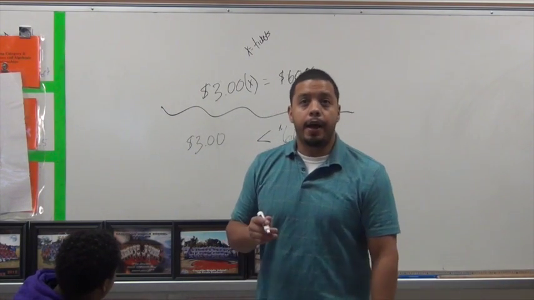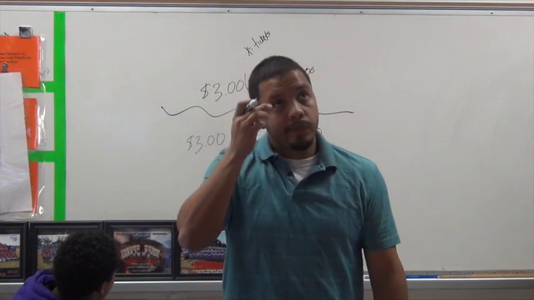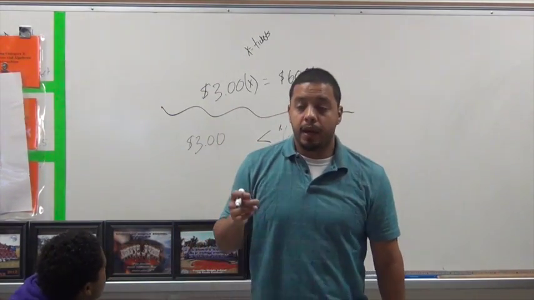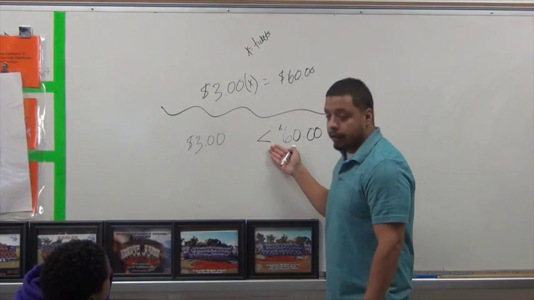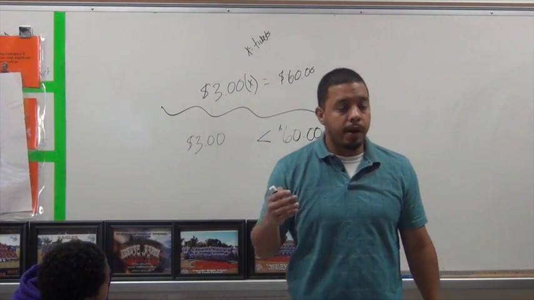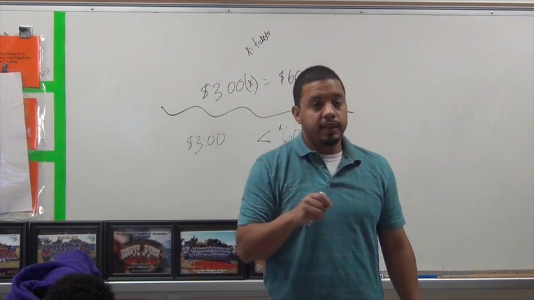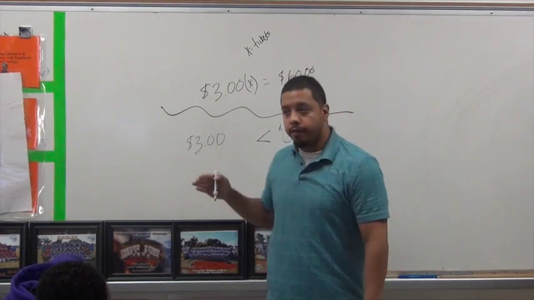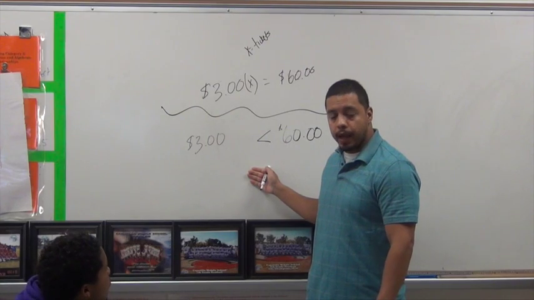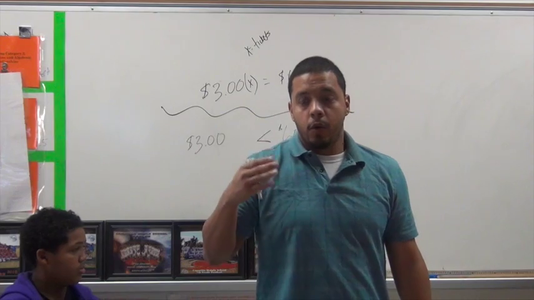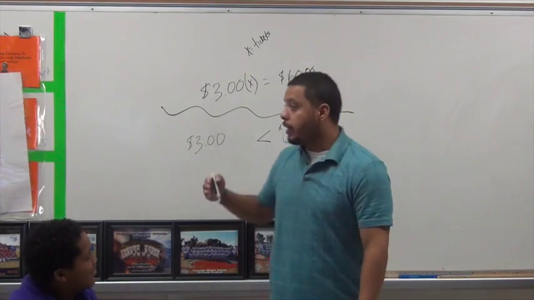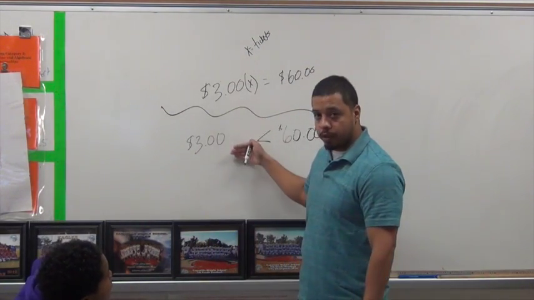Because you gotta have, let's say, some extra money for some popcorn. You don't want it to equal exactly $60. You want it to have a little bit less. Now this word problem can go forever and ever. The point I'm trying to make with this video is to get you to understand the difference between both of these.